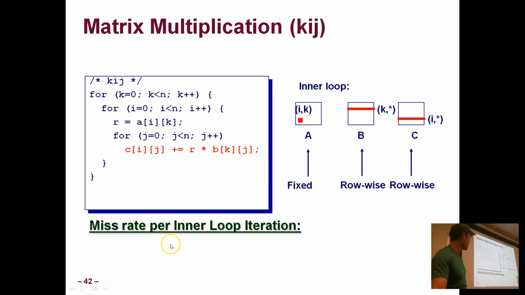is this. I can fix an element of A, and then I can go through that row of B, updating the row of C with the incremental deltas that are associated with this element of A, combined with this vector, this row of B. You see what that does?